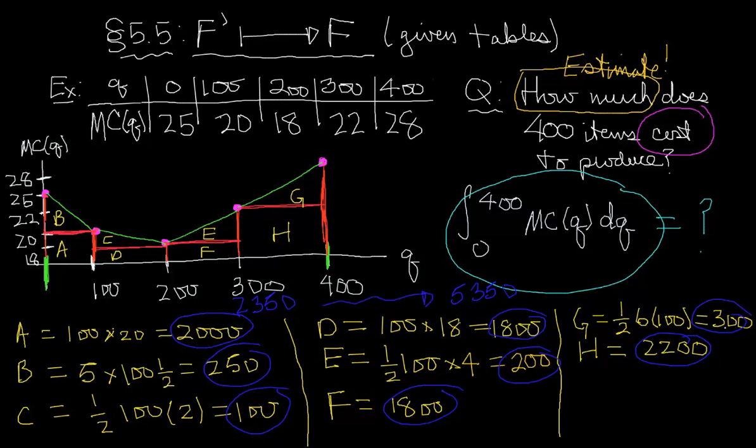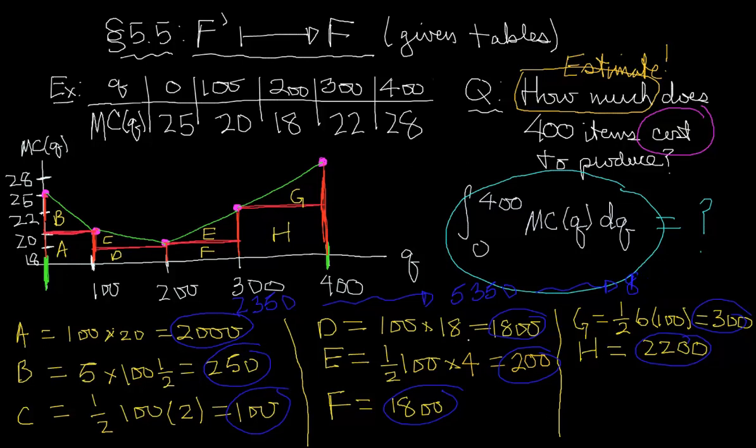Then plus 2,200 plus 300, that's plus 2,500. So actually, I feel like I calculated that wrong, but hopefully you can check.